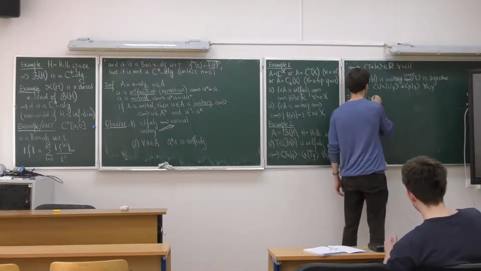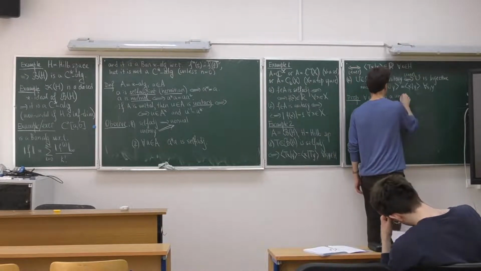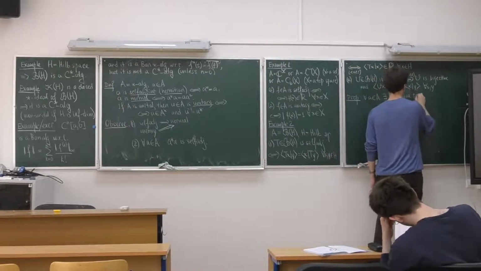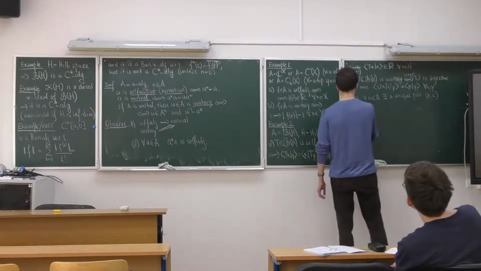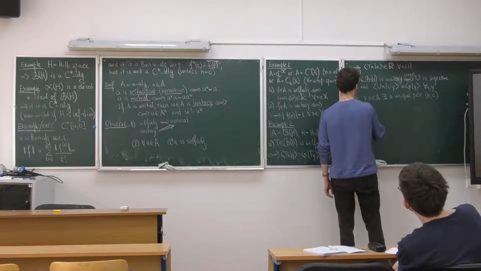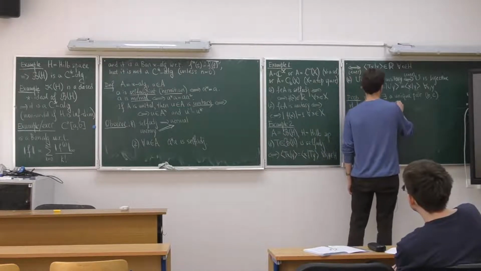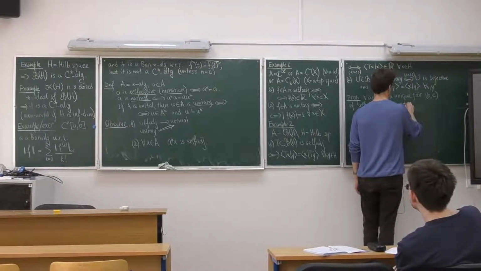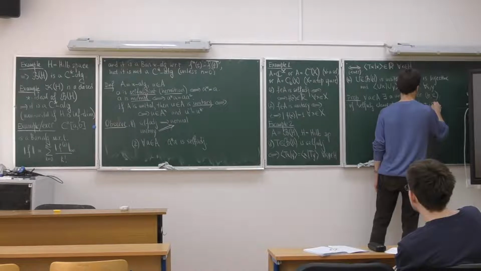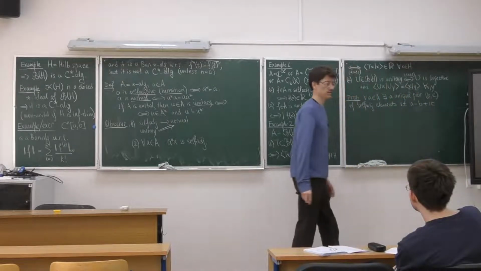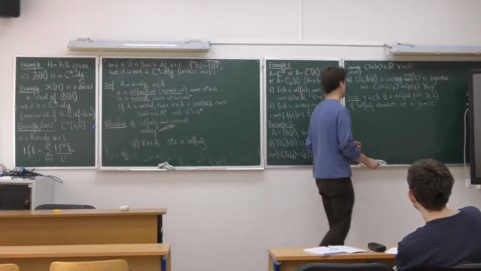For each element a in our algebra, there exists a unique pair b, c of self-adjoint elements such that a equals b plus ic. So in some sense, b is the real part and c is the imaginary part of a.